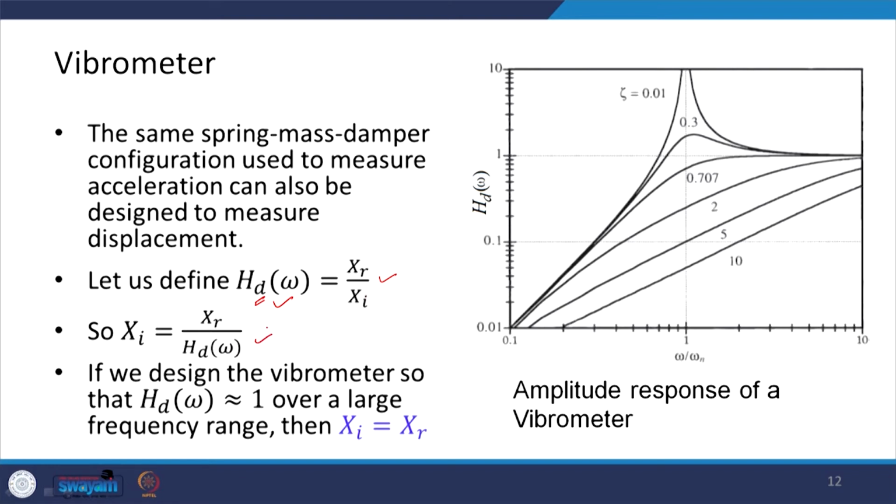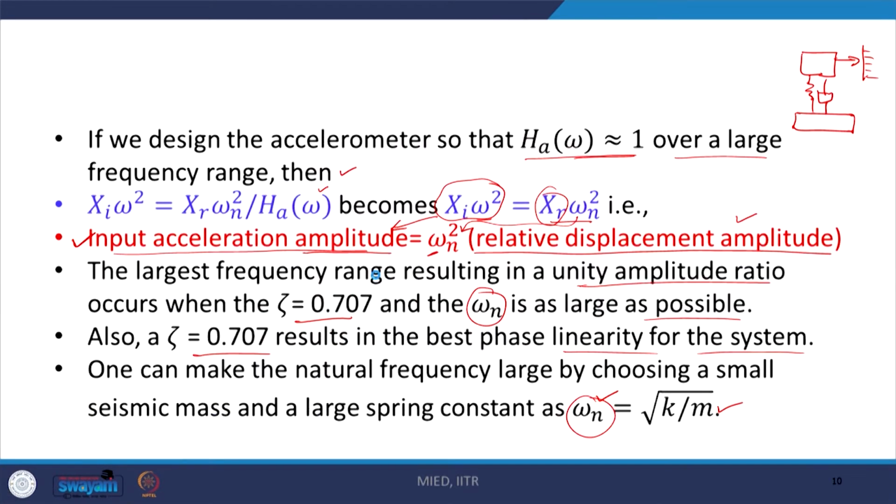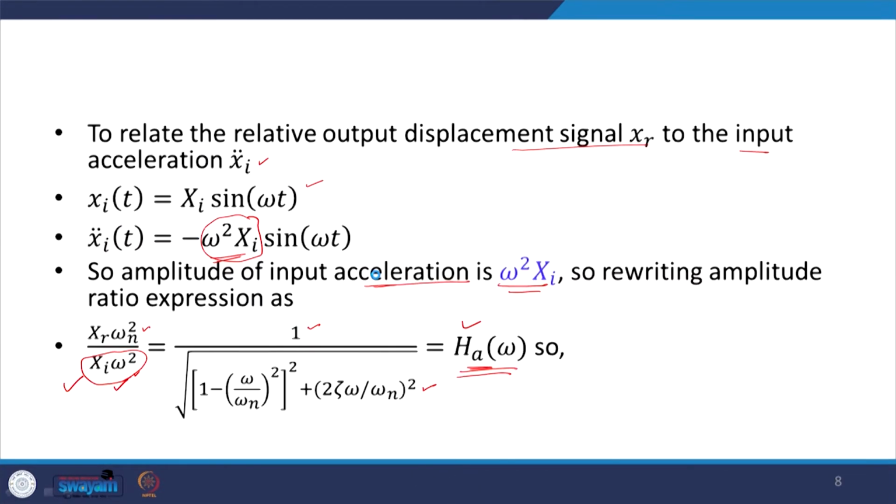Now, here if I do the plotting for Hd omega for different values of zeta, you may ask how do we get this Hd omega. So, this Hd omega will be basically xr by xi, which we can get from this equation.